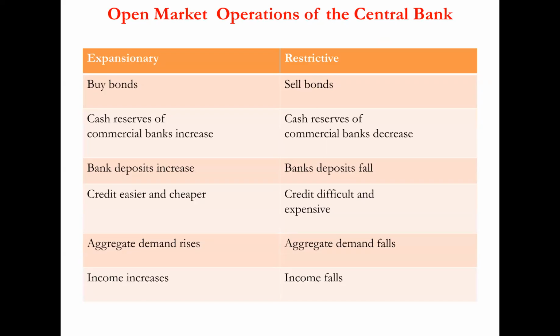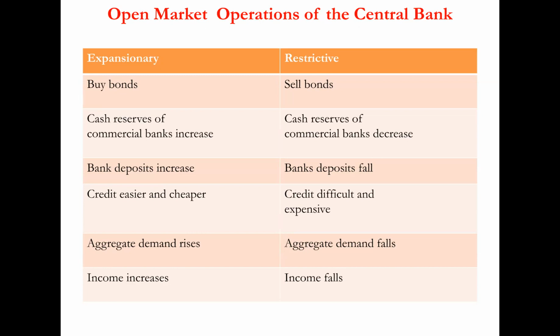And so this is what usually happens, okay. There are two types of policies, the monetary policies divided into the expansionary monetary policy and the restrictive, which is also same as the contractionary monetary policy.